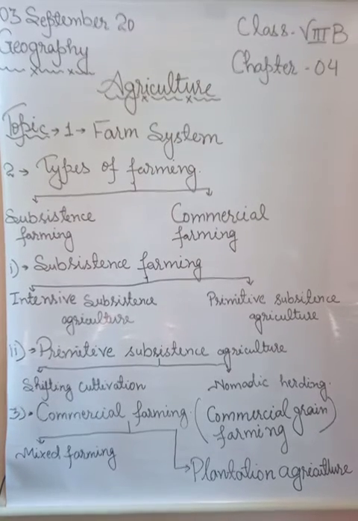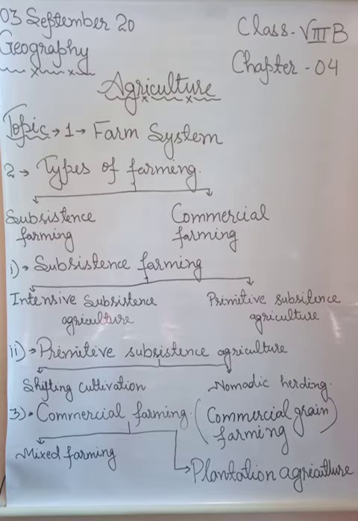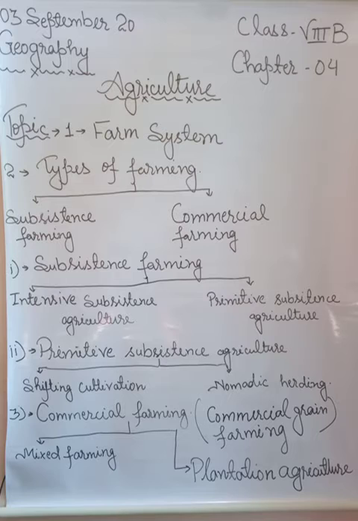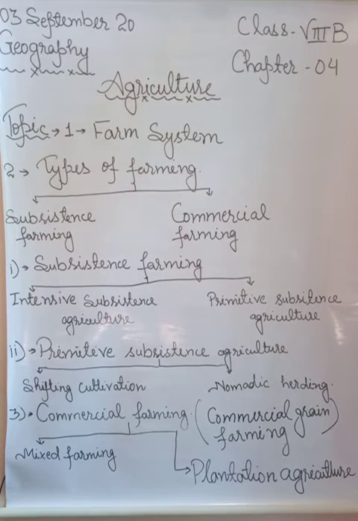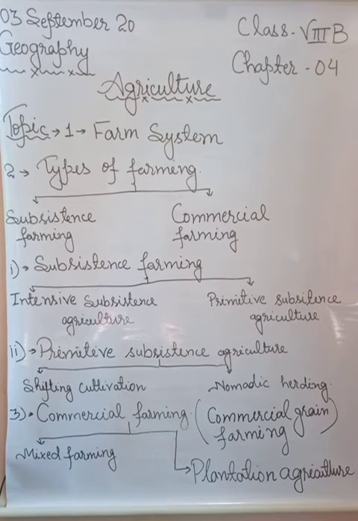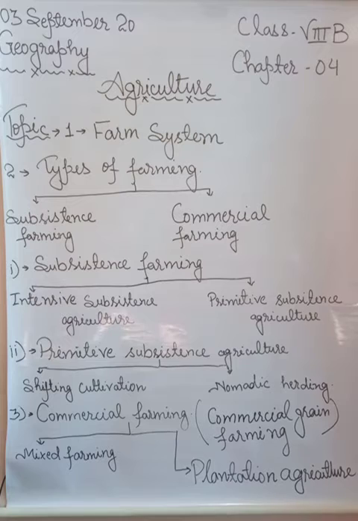For example, during the winter season in the region of Jammu and Kashmir, due to the heavy snowfall, there is no source of food, fodder and water. That's why, as I told you, in this type of agricultural activity, herdsmen move from one place to another due to the climatic change.